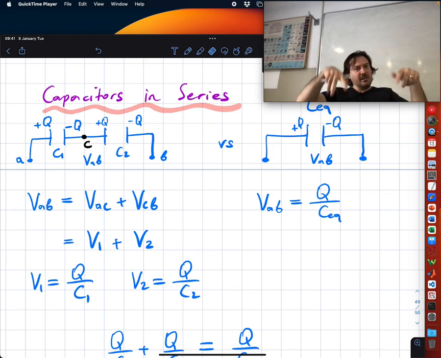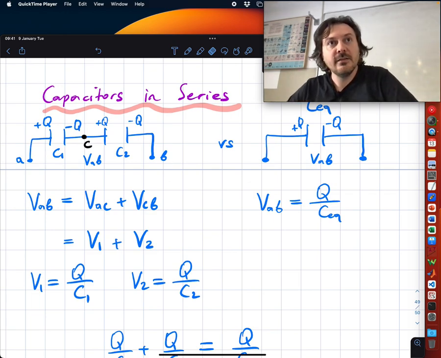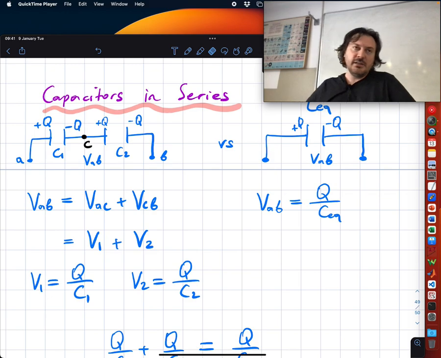Then you measure. It's another 1 farad. And what do you measure? 2 1-farads together. What do you measure? 1 over 2 farad. Thank you very much. Not like that though. I mean, we haven't seen the dielectrics yet.